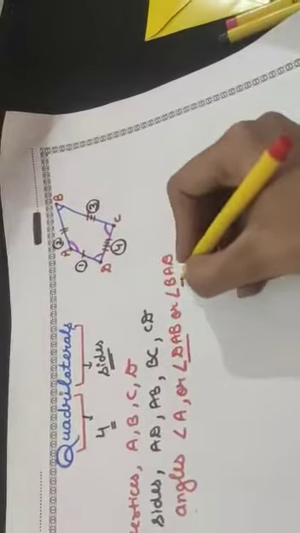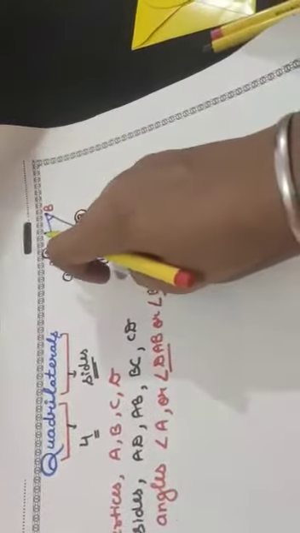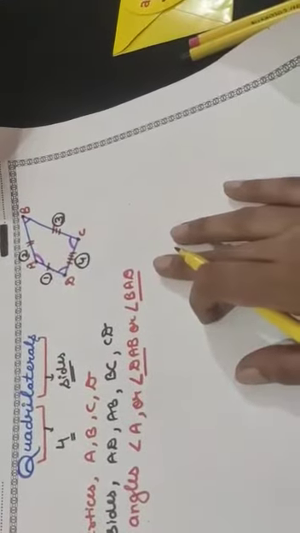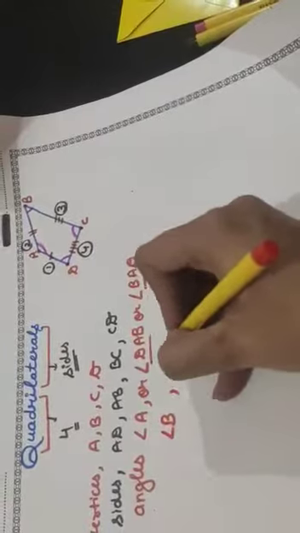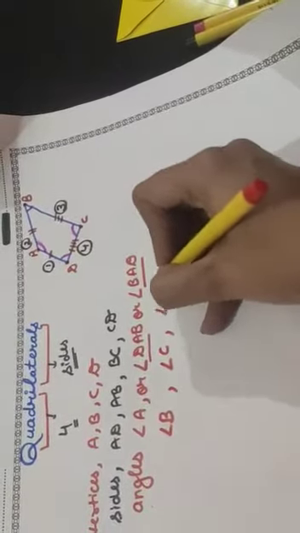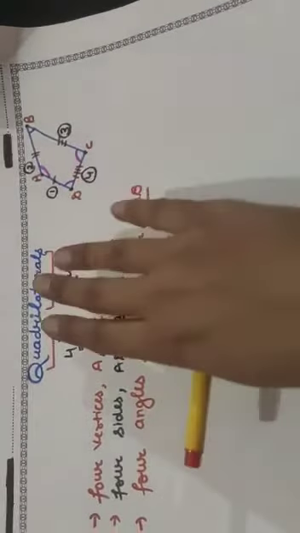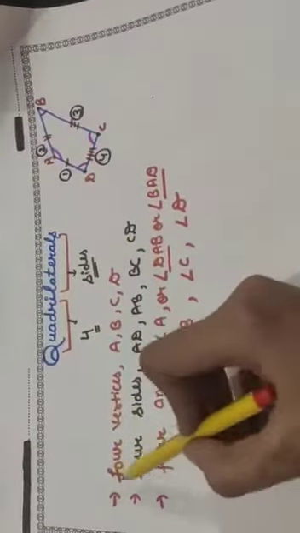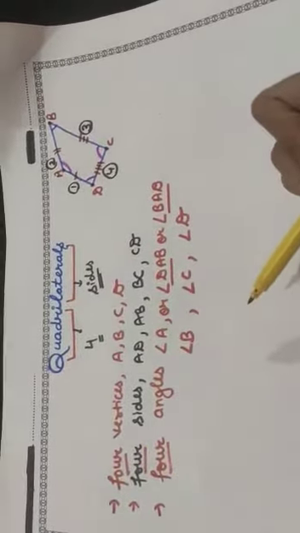These are named according to the sides which are made at this point A. Similarly second angle B, third angle C, fourth angle D. You can name it like that also. So a quadrilateral has four vertices, four sides and four angles.